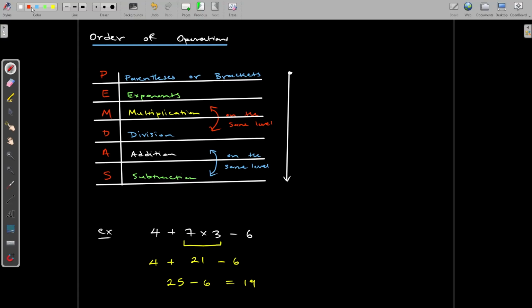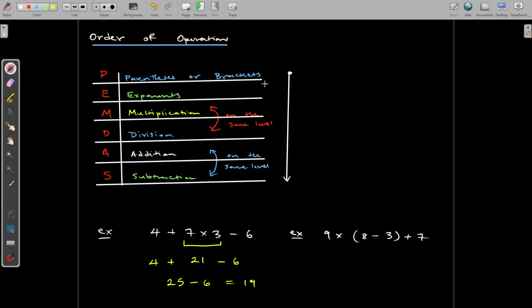Alright, let's do another example. One last example before we wrap up. 9 times 8 minus 3 plus 7. What do we do here now? You do the bracket first. So the 8 minus 3 first.